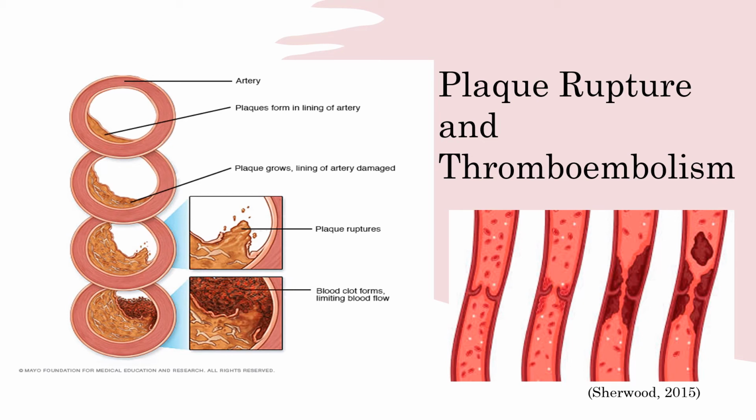There are two possible outcomes of a thrombus. It will either continue to grow until it completely blocks the vessel, or it will detach and become a free-floating clot called an embolus. This embolus will flow through the bloodstream until it reaches a smaller blood vessel and clogs it. This smaller vessel could be one in the coronary circulation.